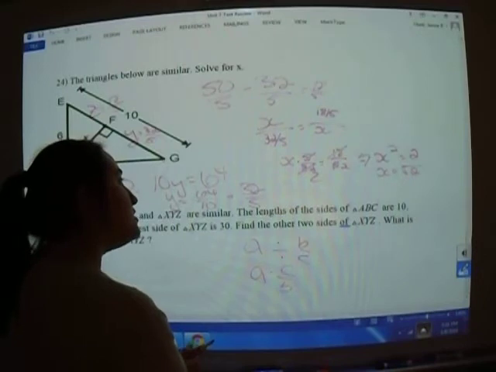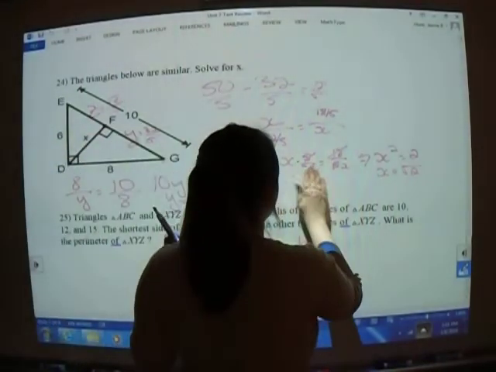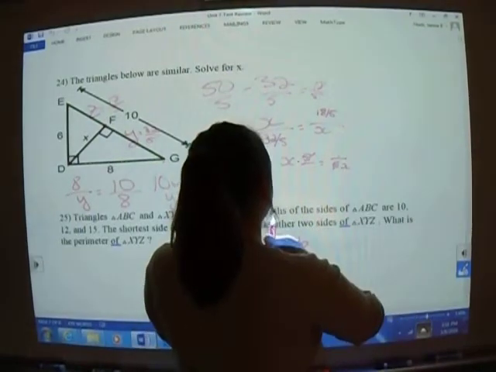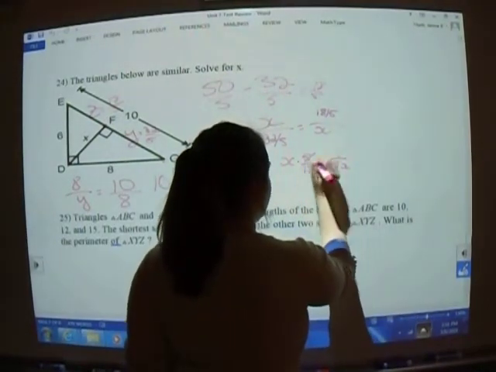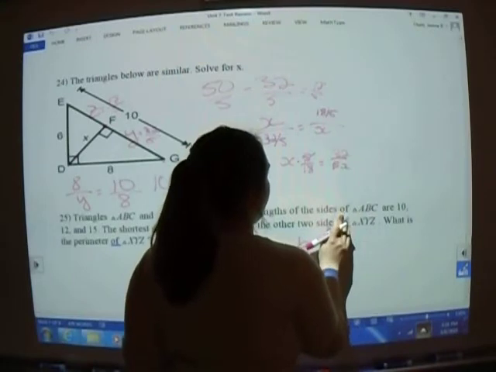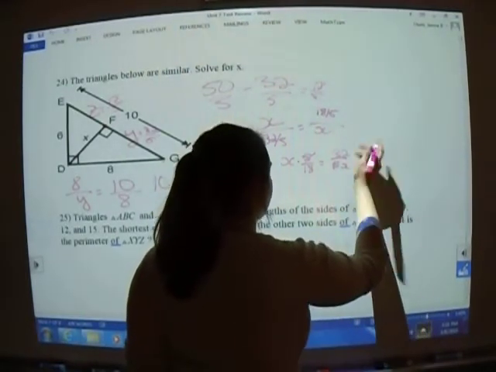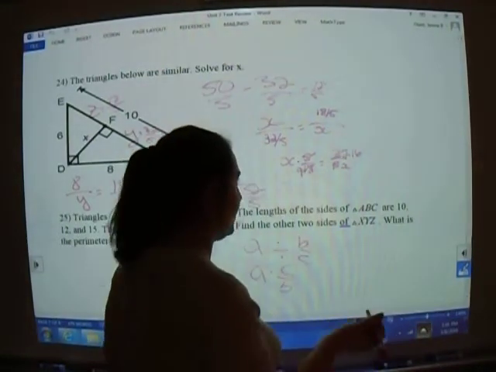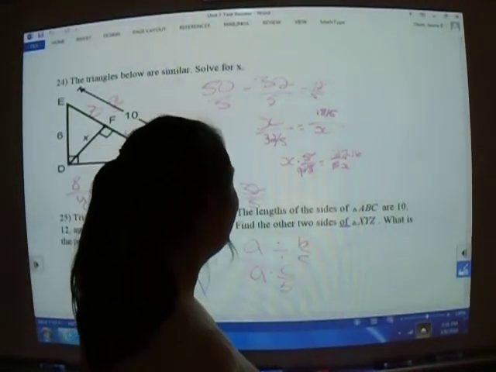Right? Oh, no, I'm so sorry. 16 and 32 cancel. That one's my bad, guys. So 18, 32. Both are divisible by 2. This is 16. This is 9. Sorry, guys. I was like, this doesn't seem right.